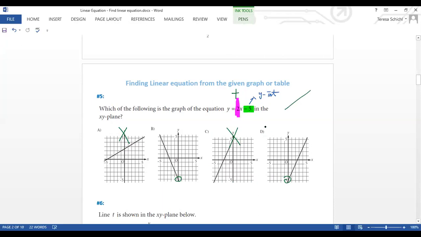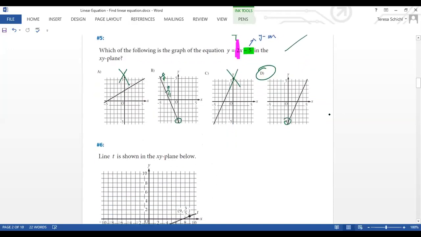So which answer? It is part D, right? Because part B goes downhill. If you put a person here, it's kind of like going downhill. This goes uphill. Okay, very good. For the first 5 problems, we all use the same basic concept about y equals mx plus b, the positive and negative concept, those things.